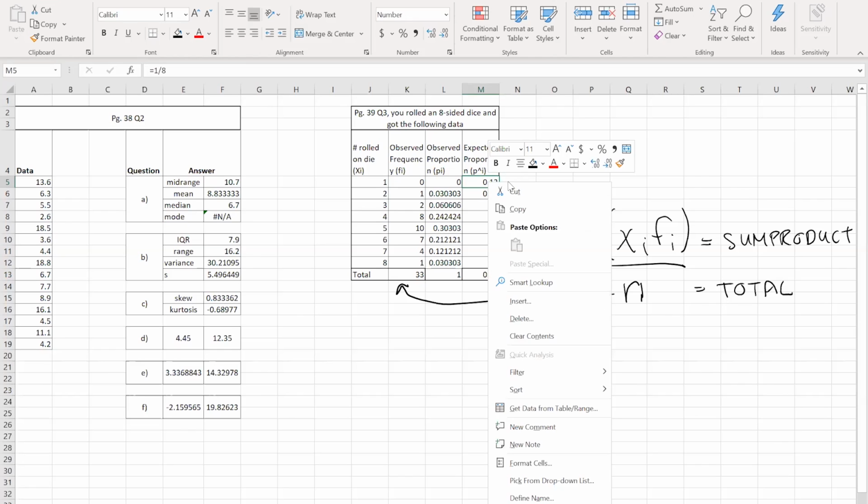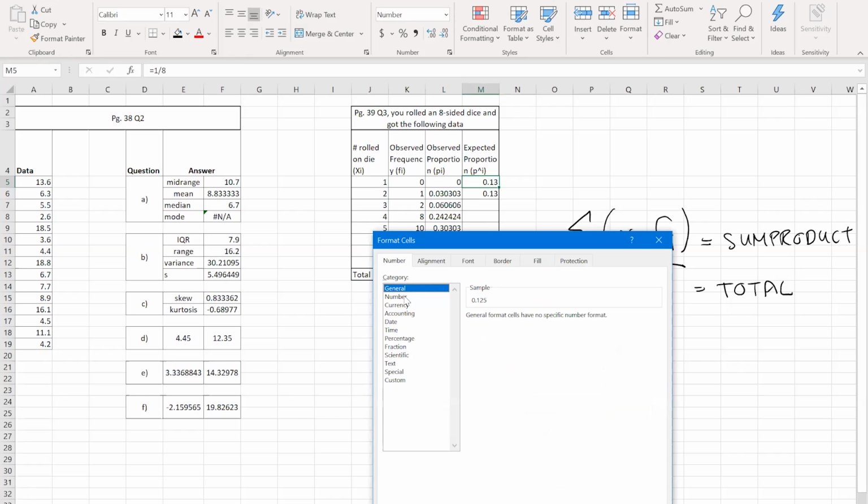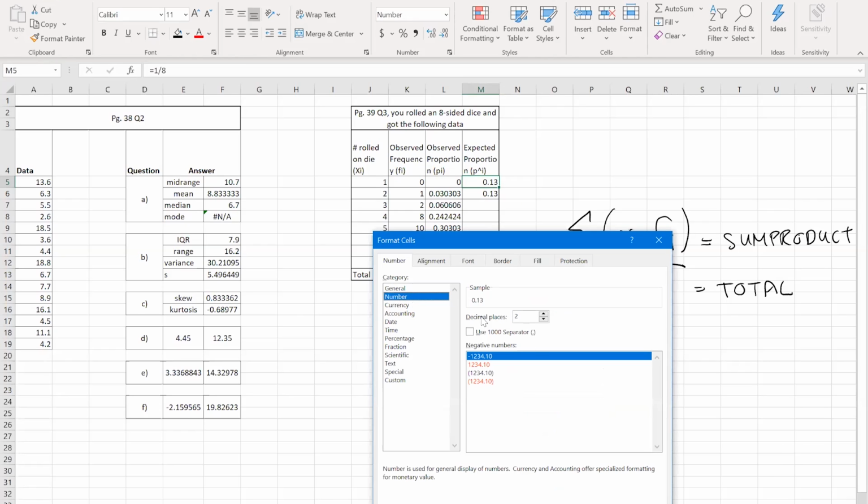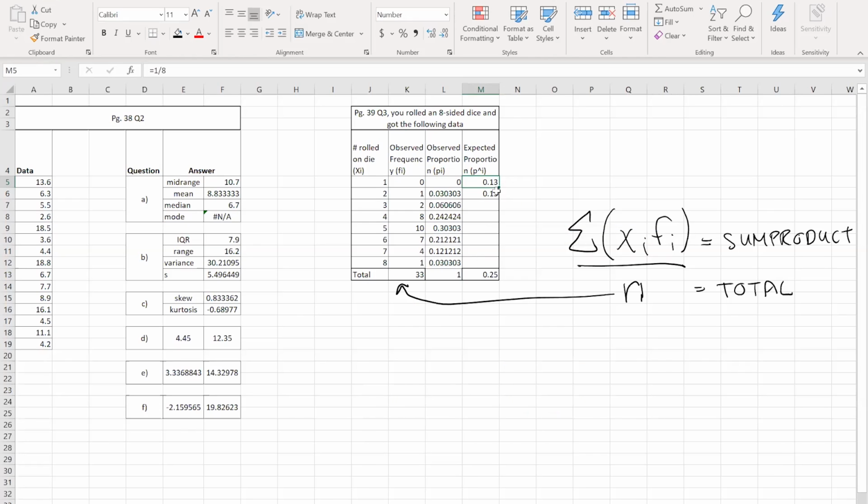If you right click and click on format cells, it should be on General. If you change it to Number and then click OK, you should get actual numbers. And these are all just 1/8. So we can just drag that down. And there you go, that would be the completed table.